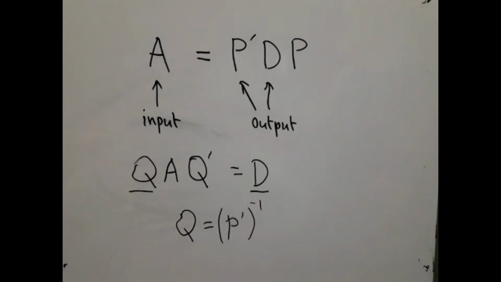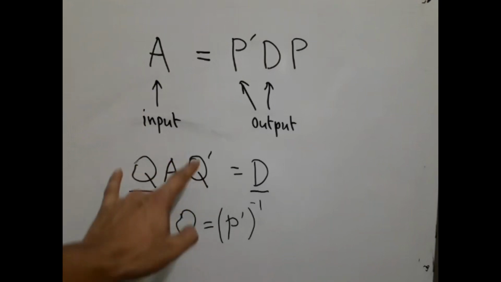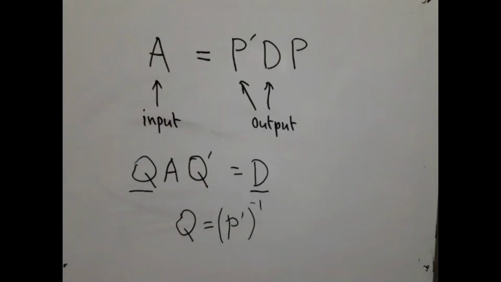Thus, if pre-multiplying by Q adds the first row of A to the third row of A, then Q transpose will do the same thing to the columns, add the first column of A to the third column of A. So, whatever I do to the rows, I must do to the columns, and that will preserve the symmetry structure of the matrix.